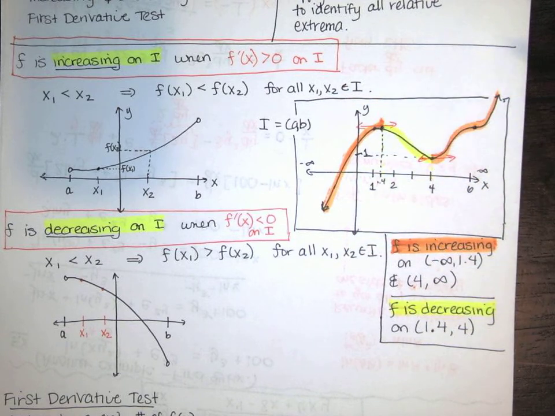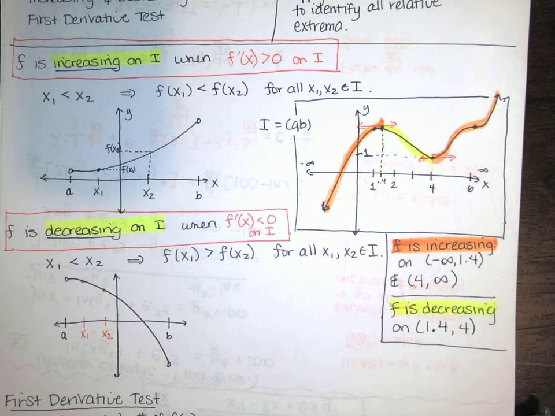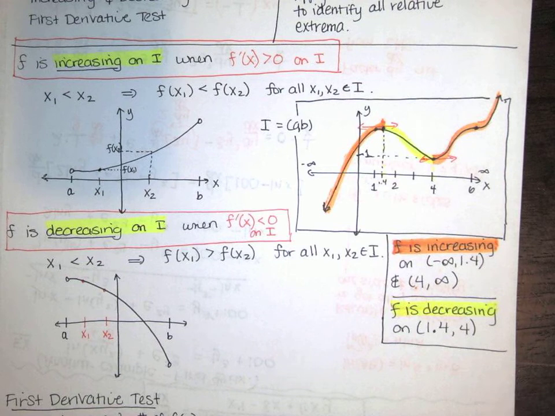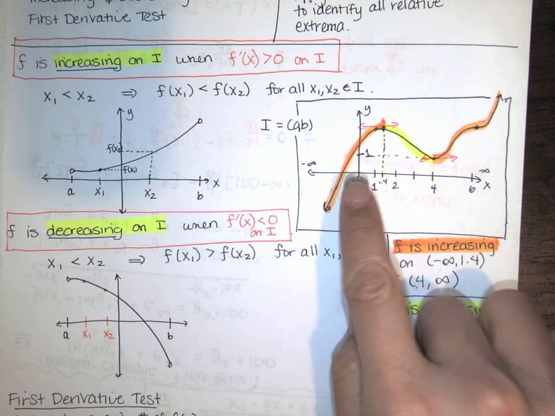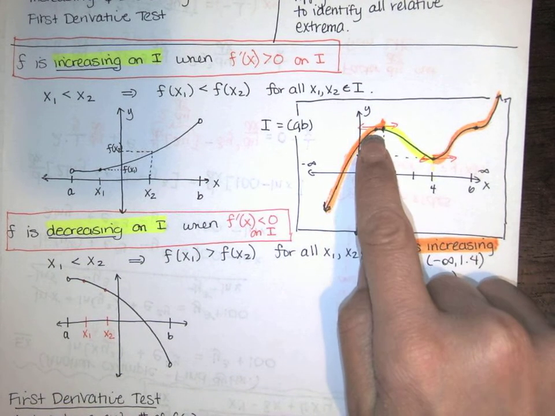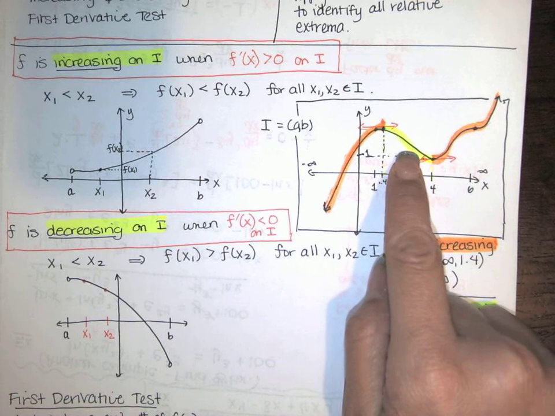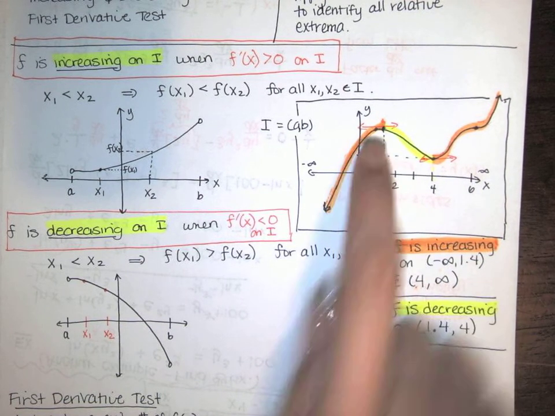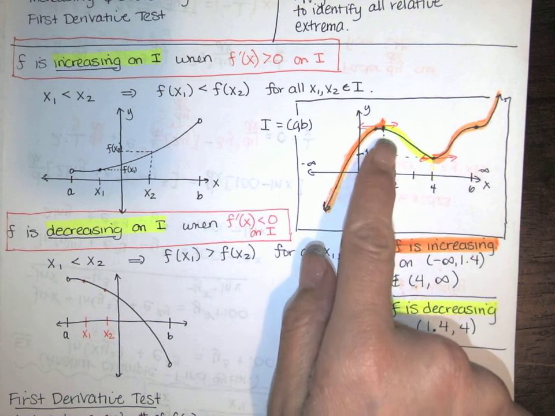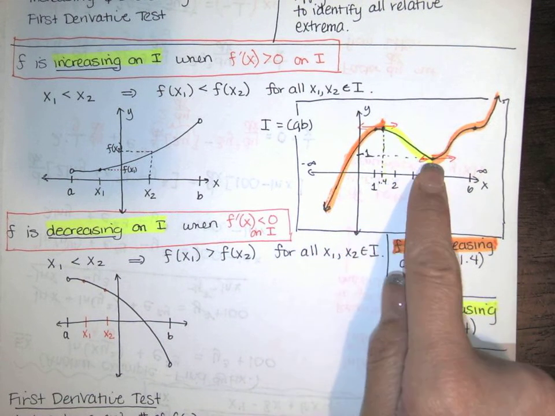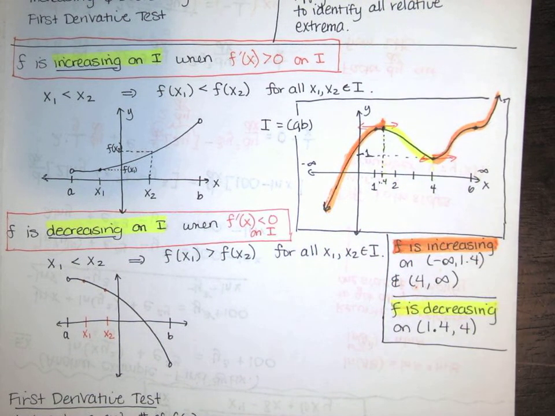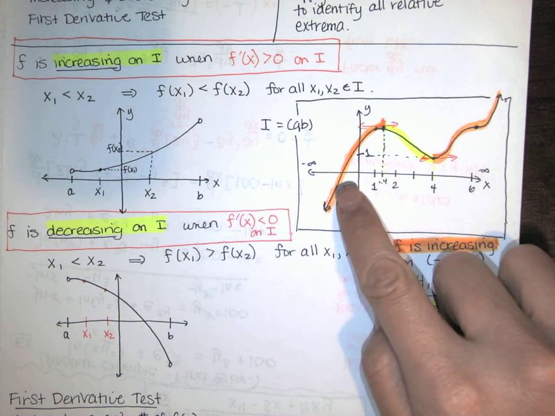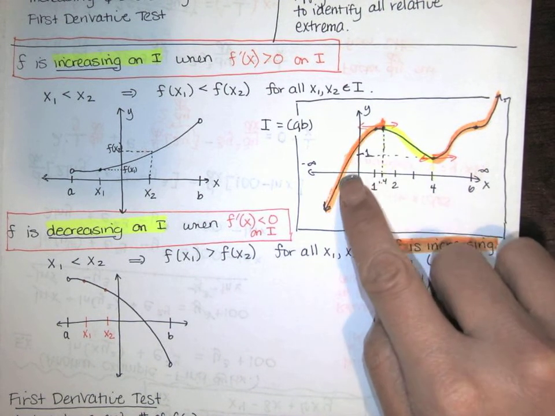Now, if I'm trying to find relative extrema, well, I think we can just look at the graph and see what happens if the function goes from increasing to decreasing. It goes from increasing to having a 0 slope to decreasing, you've got a max up there. Or what if it goes from decreasing to 0 slope to increasing? Well, then you've got a min. Or, remember, increasing means positive derivative.